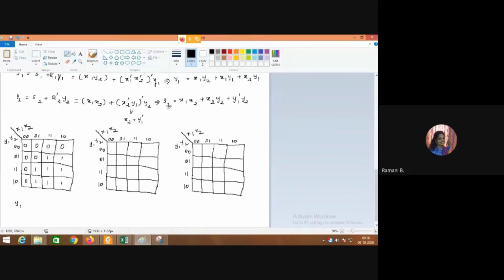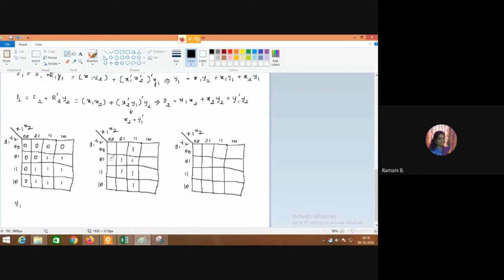Next, writing for y2, we have x1, x2 first. So it is this particular column. Then x2, y2. So x2 is 1 in the middle two columns and y2 is 1 in the middle two rows. So this gives me x2, y2, and we have y1 bar, y2.